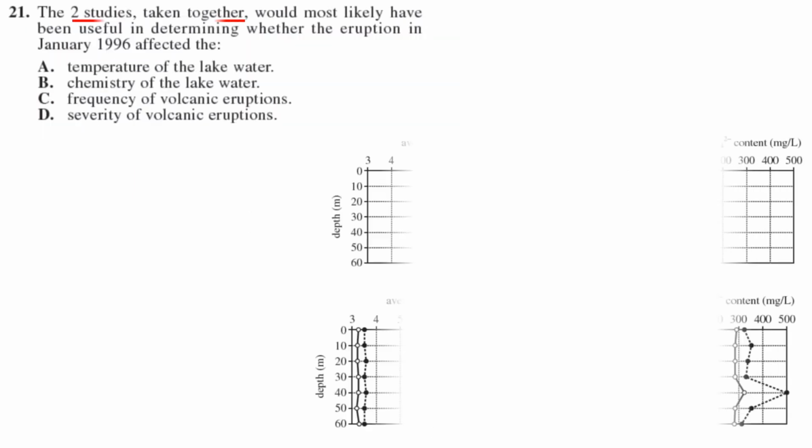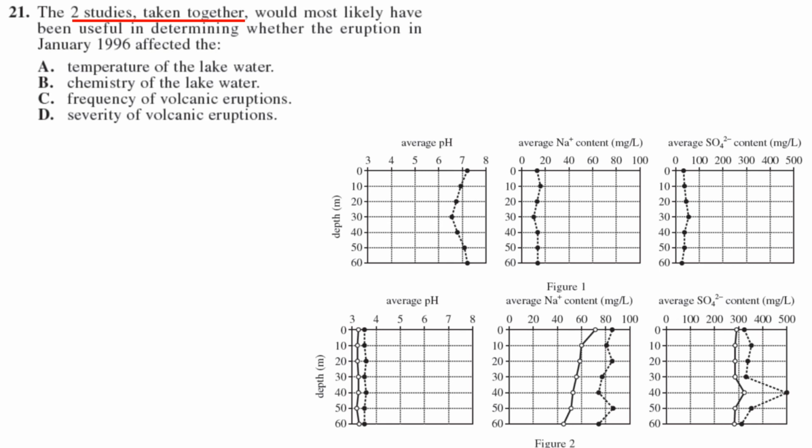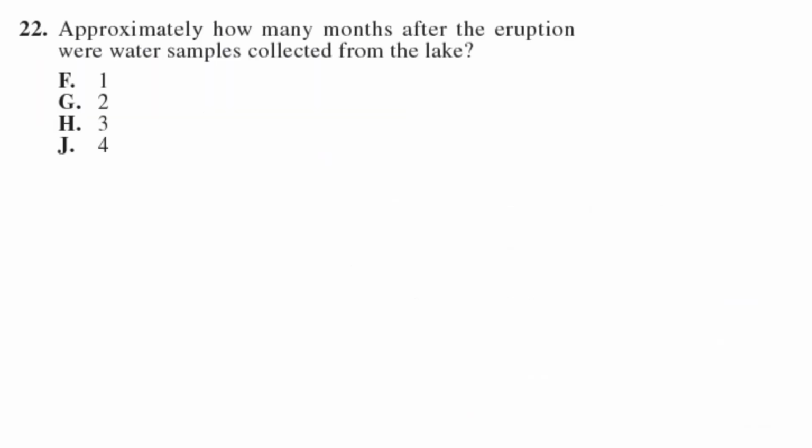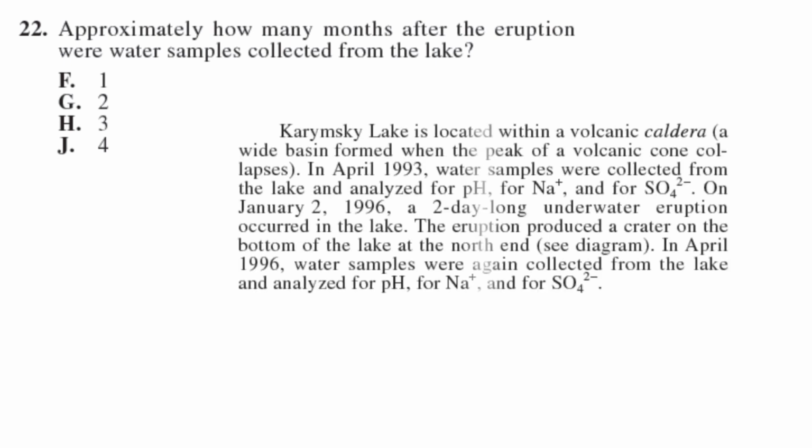Number 21, there's 2 studies taken together, so looking at both studies, would be most useful in determining whether the eruption affected what. So we have temperature, we have chemistry, frequency or severity, and what's being tested in both are chemistry levels. So your answer is B. Number 22, approximately how many months after the eruption were water samples collected from the lake?